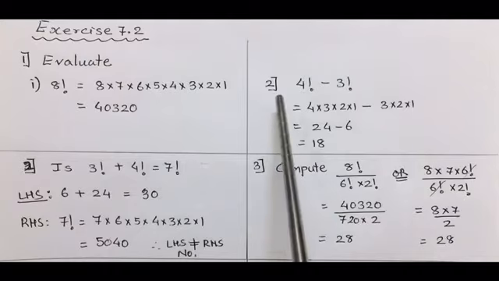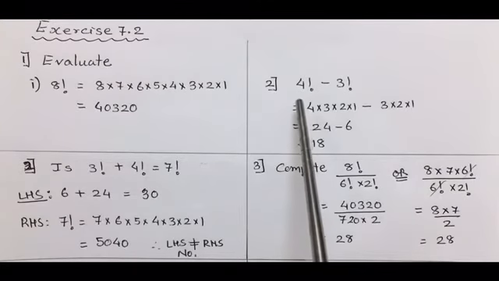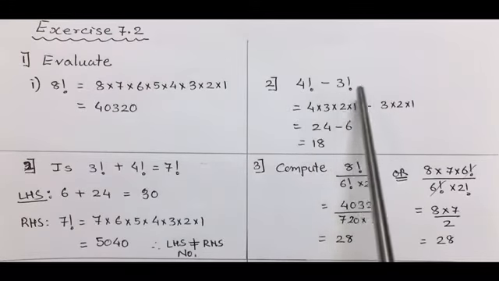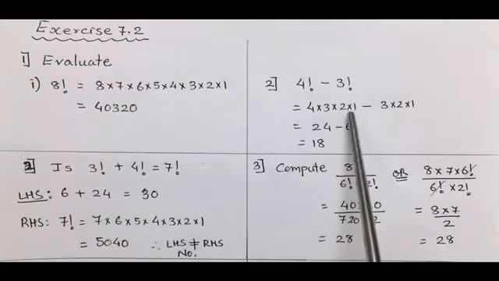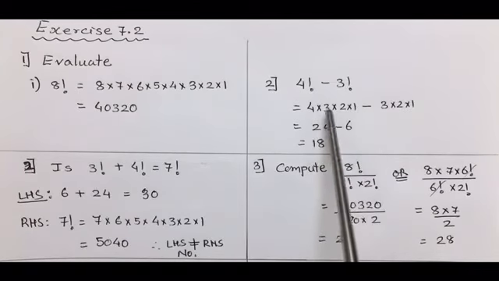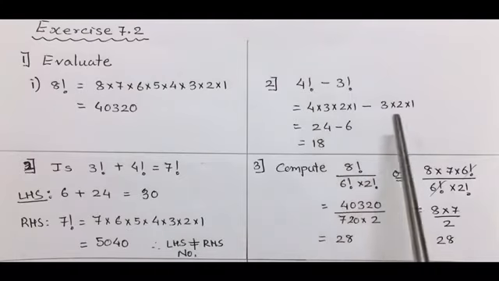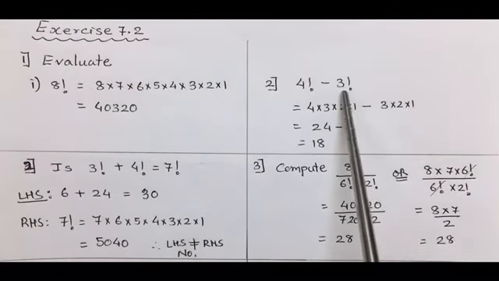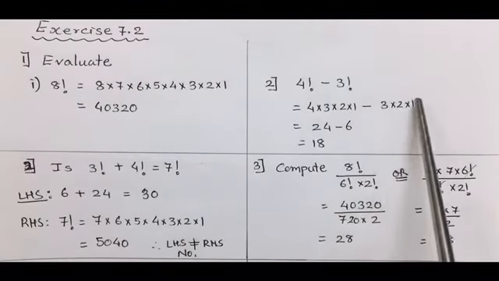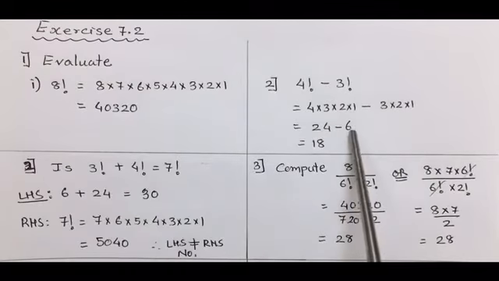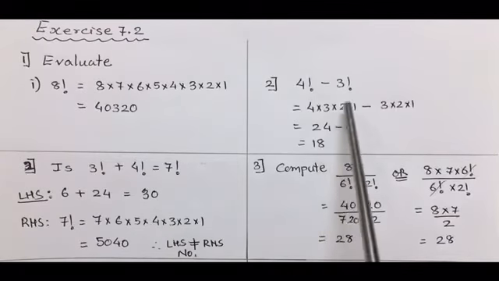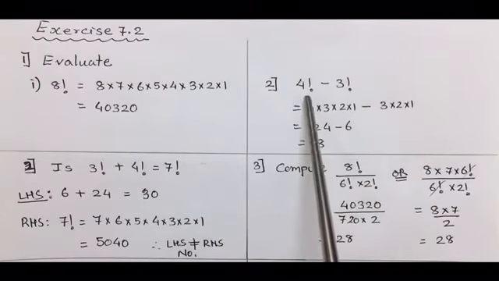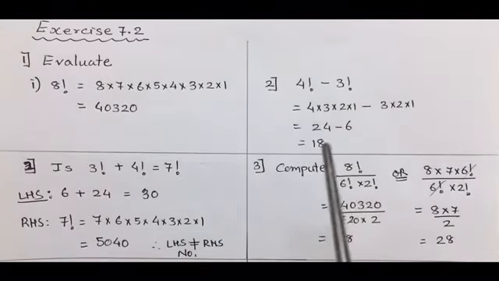Question number 1, second one is 4 factorial minus 3 factorial. Calculation of 4 factorial takes place from 4 till 1, all the numbers are multiplied. That gives 24. And in 3 factorial, 3 to 1, all numbers are multiplied. That gives 6. So 24 minus 6 becomes 18 as the answer of 4 factorial minus 3 factorial.